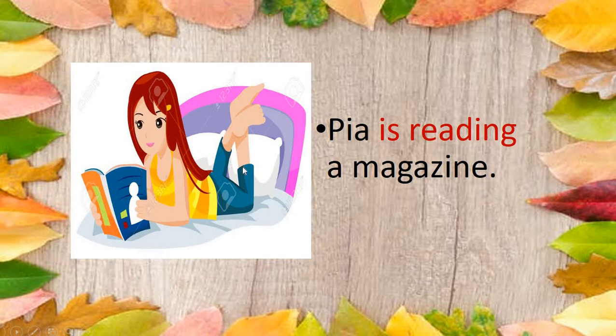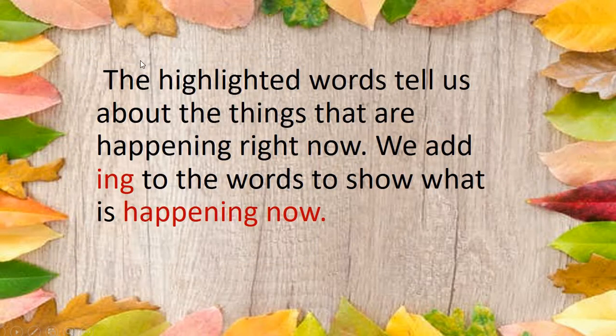Okay, children? Now see. We will read this so that you will understand it properly. See, now we have seen the highlighted words with red color, no? So we will see.